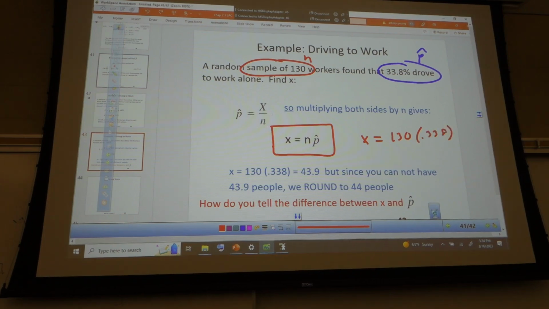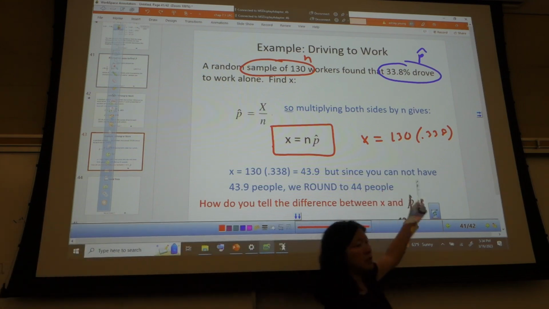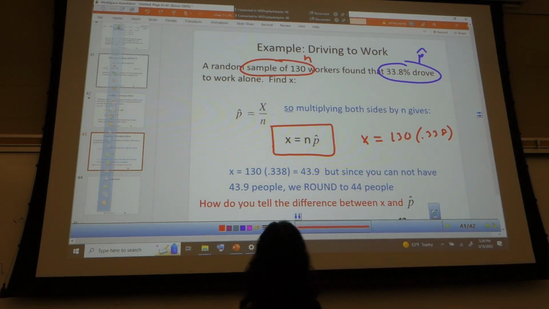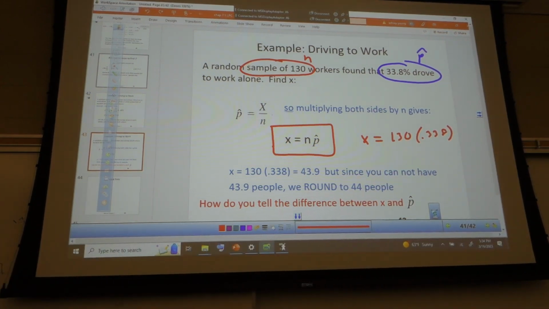And again, you're always going to need to convert your percentages to decimals, because the TI calculators don't have a percent spot on them. And you'll end up getting 43.9 people, which we're going to round to 44 people, because you cannot have 43.9 people.